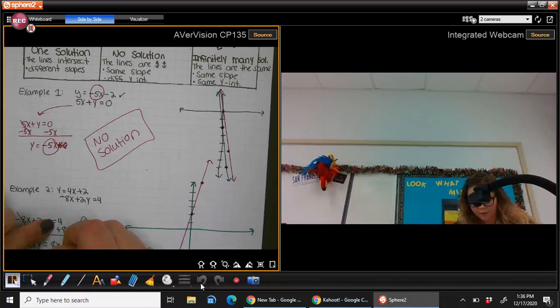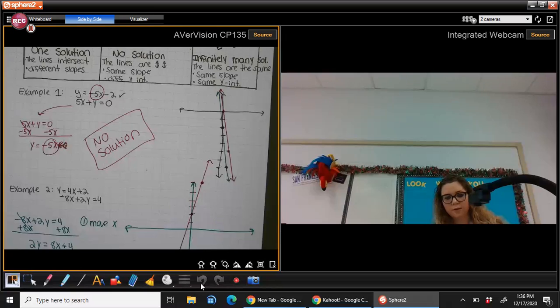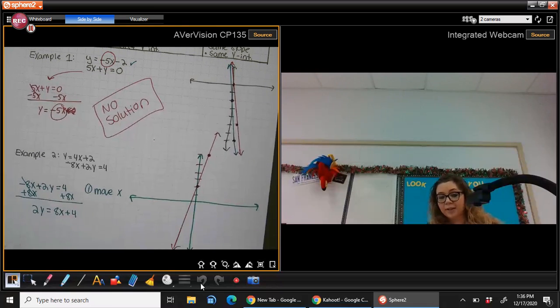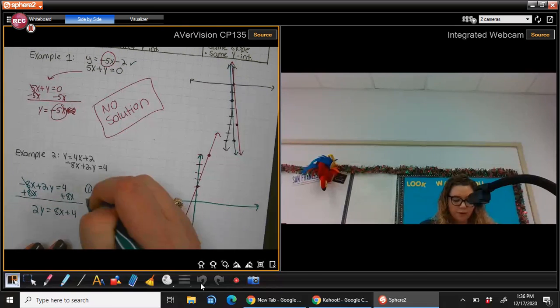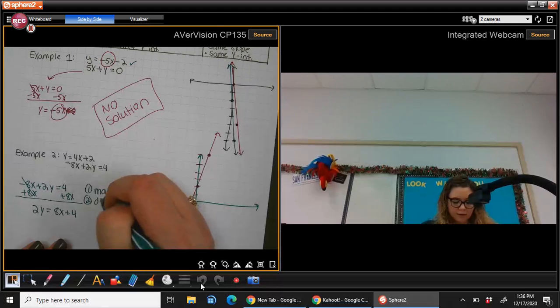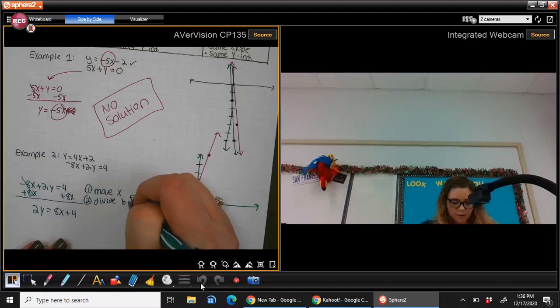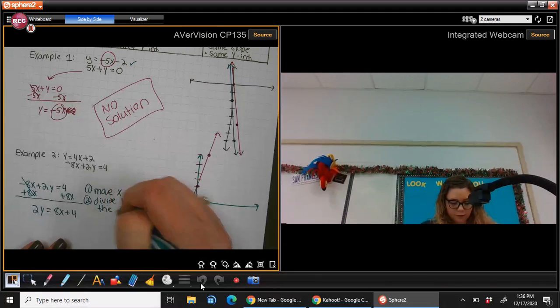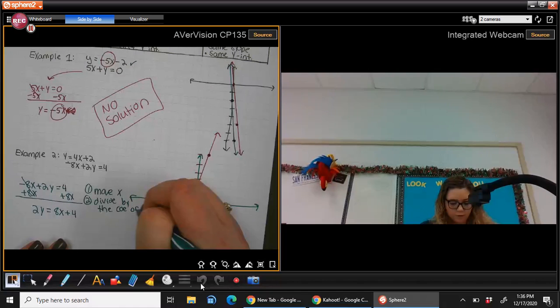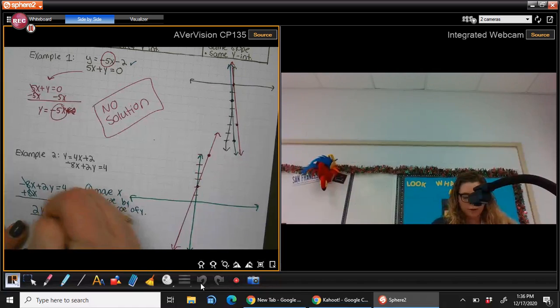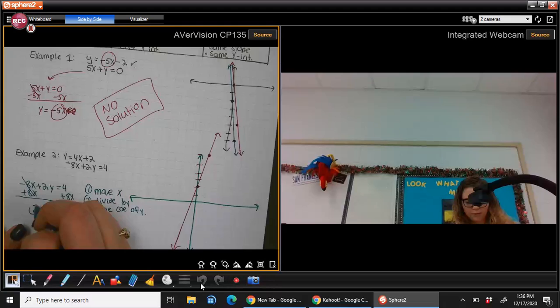This is a positive 4, so it's going to be plus 4. Y is still not by itself, so step 2, divide by the coefficient of y. The coefficient again is this 2. I'm going to divide everything by 2.